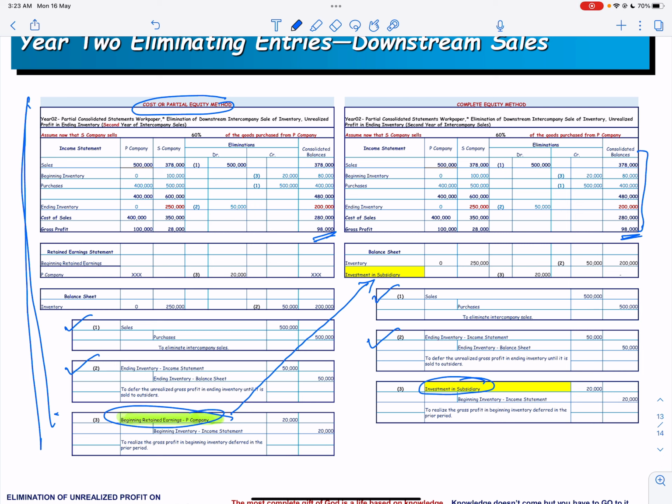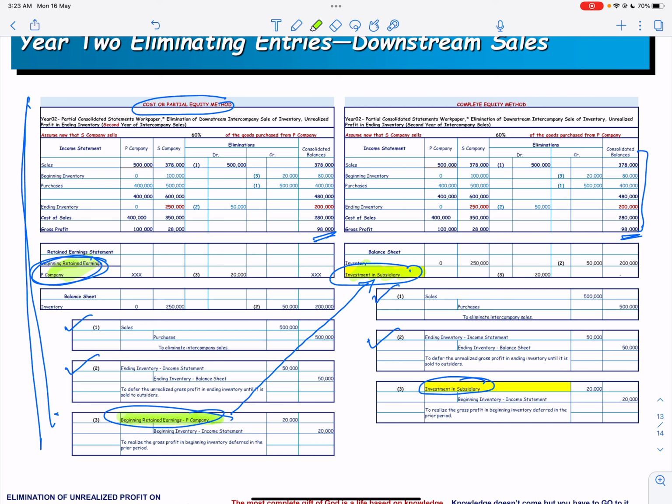The debit to retained earning is replaced by a debit to investment in subsidiary. Now remember, this was in the retained earning, but since we are using the complete equity method, we have recorded this in the balance sheet as investment in subsidiary, and let us see why we do that.